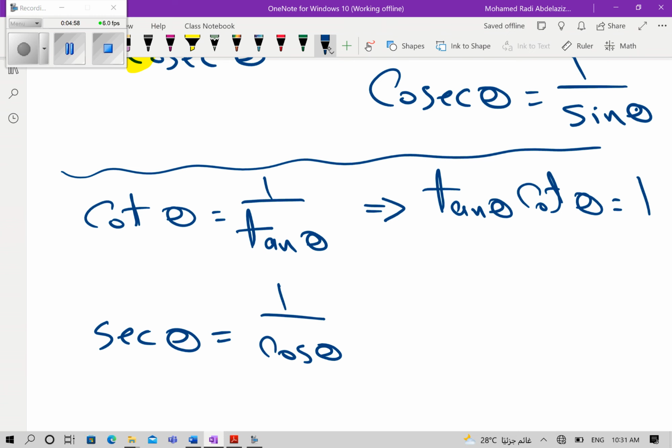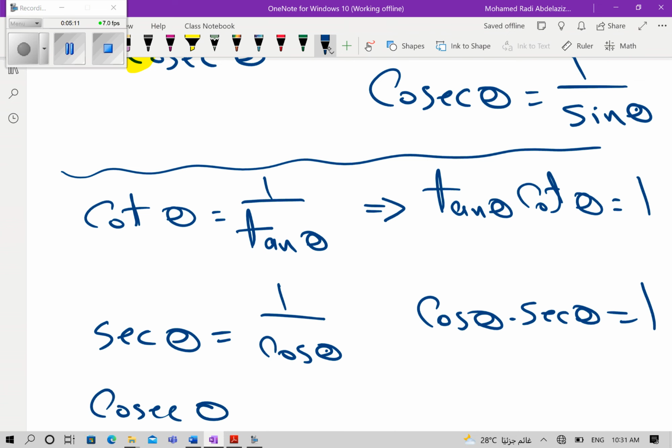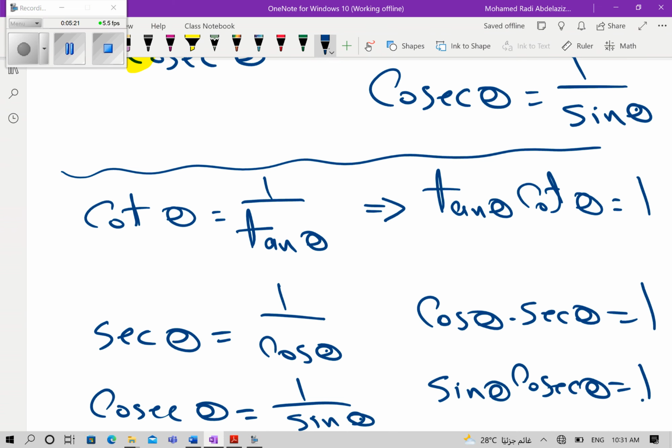Their product equals 1. Cosine theta times sec theta equals 1. Identity. Cosec theta is equal to 1 over sine theta. So sine theta cosec theta equals 1.